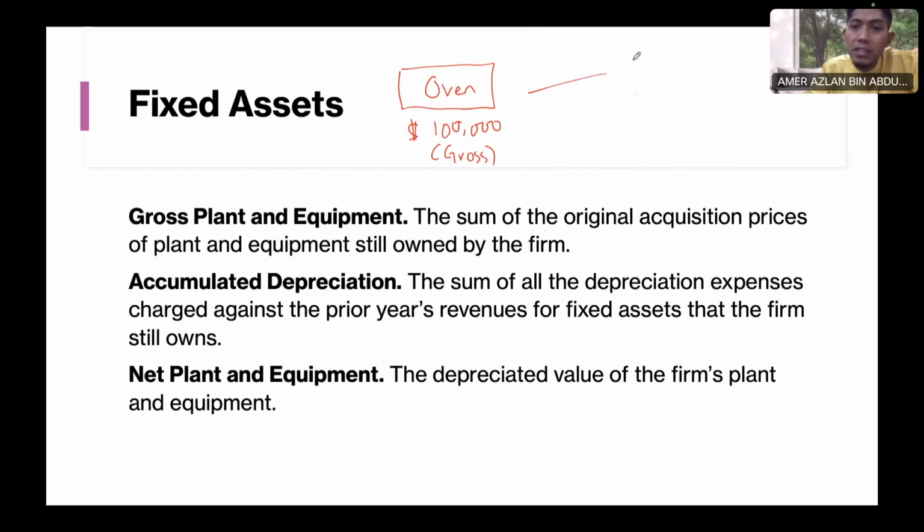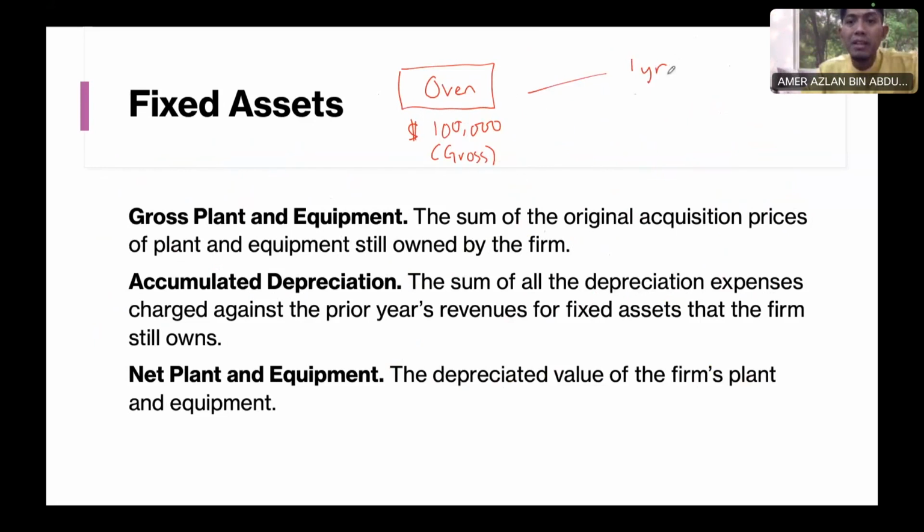Then over the years, because you produce your cakes every day, the oven is no longer in its original condition, and slowly it depreciates in terms of value and also the capability of the oven to survive.